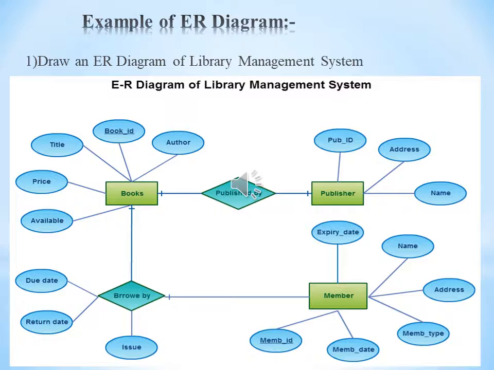The book attributes are available, price, title, book ID and author. These are all the things known about the books. The publisher has publisher ID, address and name as attributes.